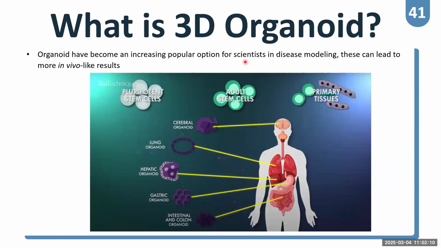What I mentioned in this slide is that organoids can be generated in different ways. From my expertise, I deal with the 3D organoid from the primary tumor tissue. So that's why I call the 3D organoid PDO, patient tissue derived organoid.